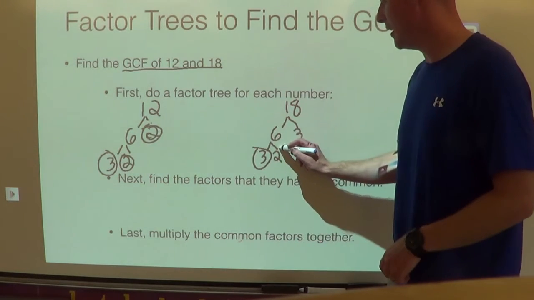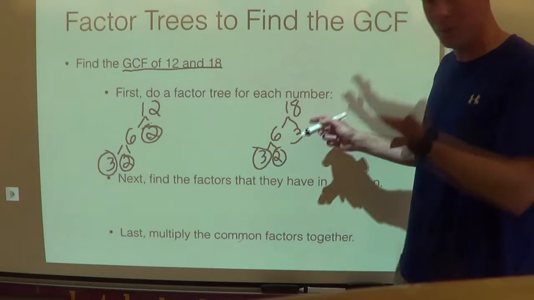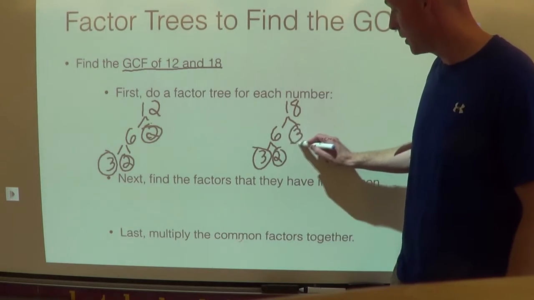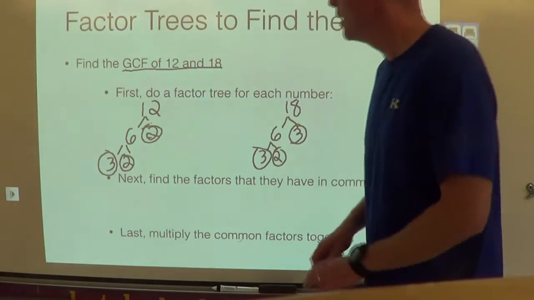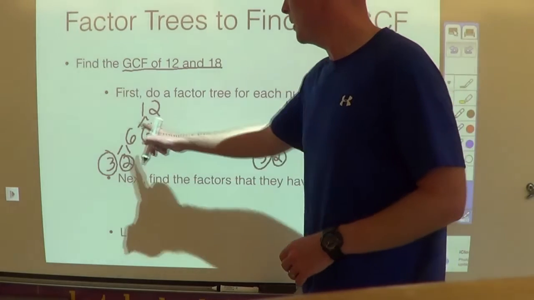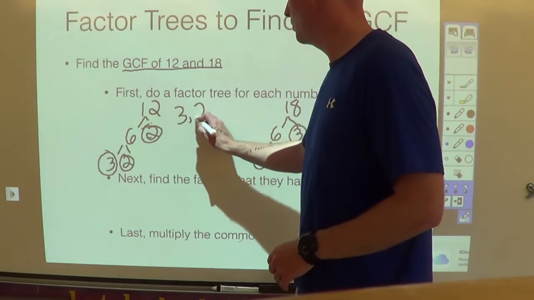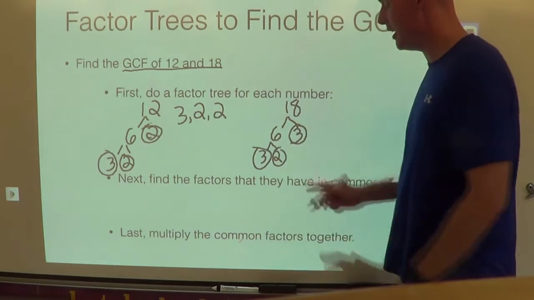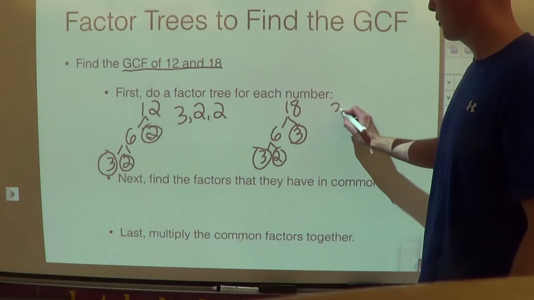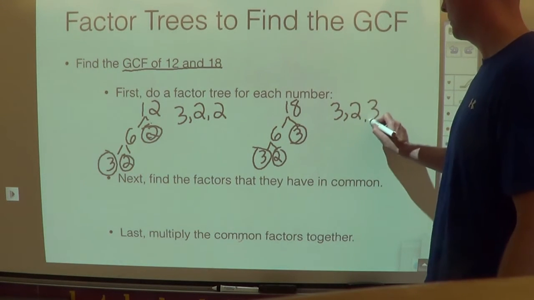Coming off of 6, 2, it has to stop there. And at 18, 3, it's got to stop. So therefore at 12, my prime factors are 3, 2, and 2. And for 18, my prime factors are 3, 2, and 3.